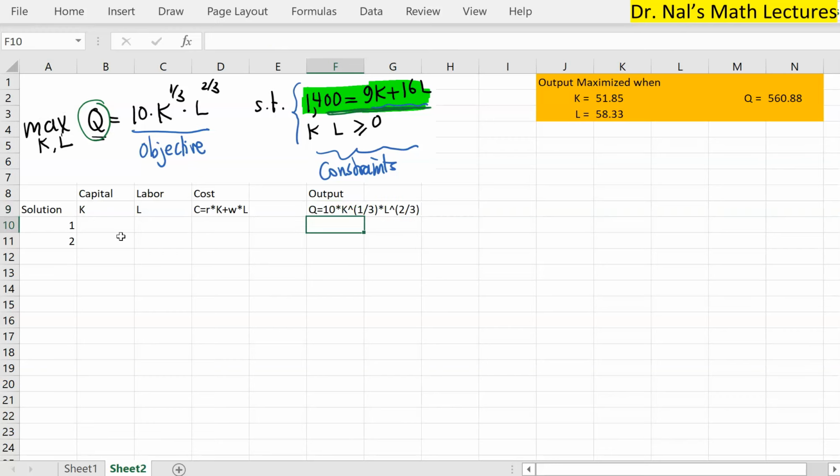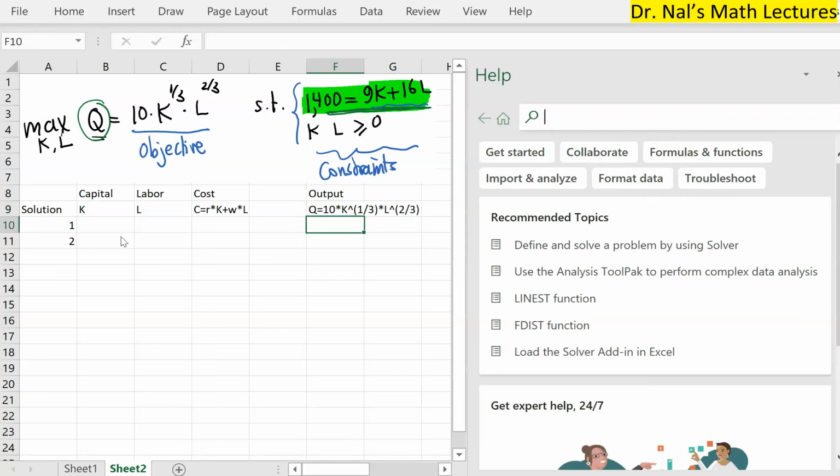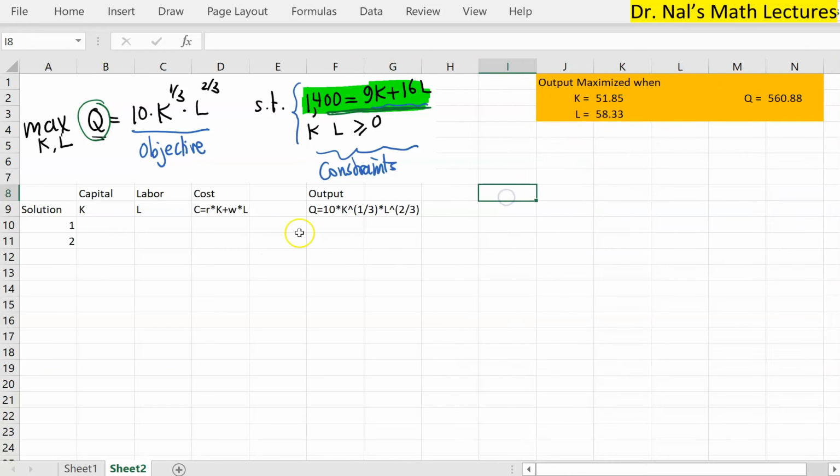All right, let's go ahead and write those formulas here. The formula for cost is R, which is 9, remember, times the amount of capital, plus 16, which is the price for labor, times the number of labor units. As an example, 10 units of capital and 10 units of labor will cost the company $250, and as a result, how much will be produced?